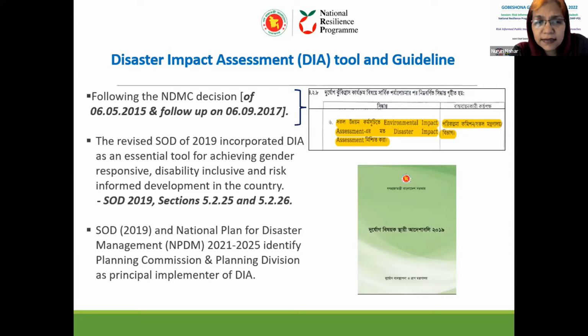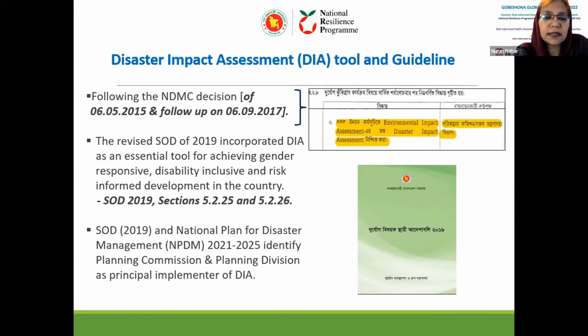Even in that document, it was recognized that there will be a tool in planning to achieve gender-responsive, disability-inclusive, and risk-informed development in the country, and the Ministry of Planning will be responsible for such activities.